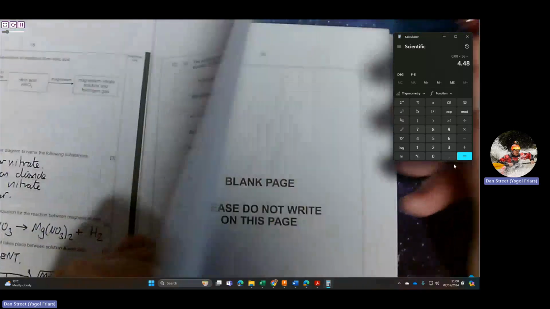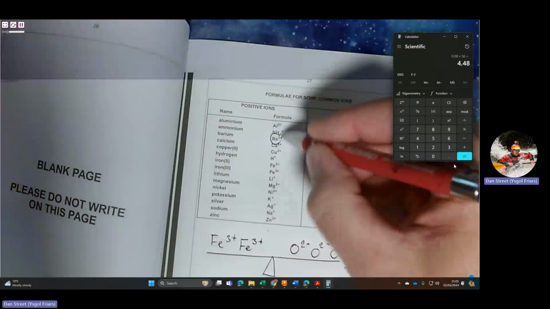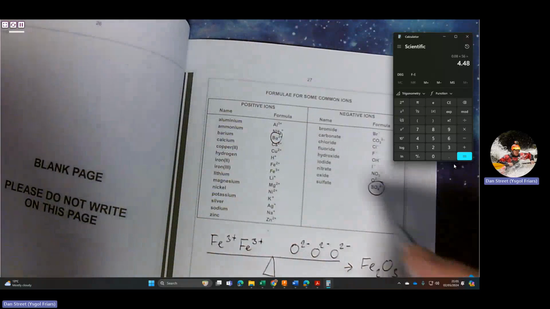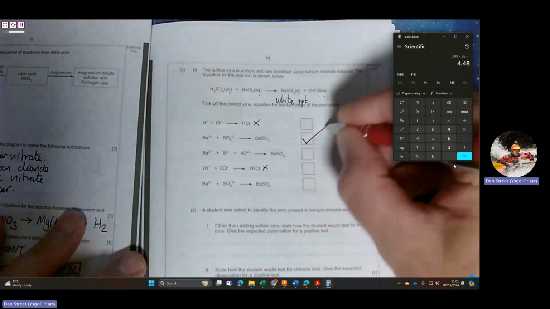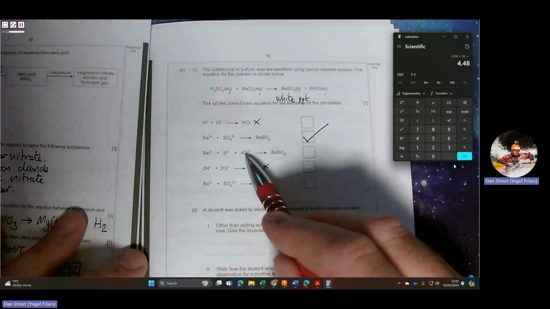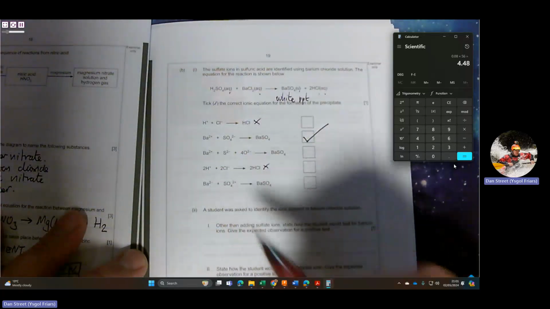If we weren't sure about that, we can double check in the back. Barium is here, and sulfate is down here. So it's a 2+ and a 2-. So without further ado, this is the correct one, because the other contenders have these multiple ions and those charges are the wrong way around.